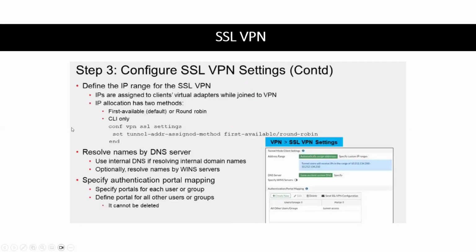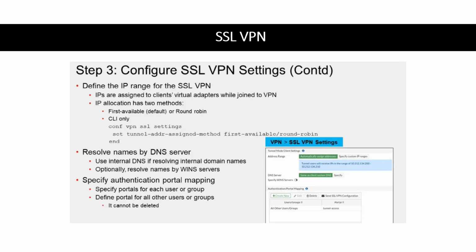Okay. Like I said, you define your IP range. We already created that address object, so there's going to be no problem there. We would also define what our DNS server is going to be for our SSL VPN. Okay. All right. So we go ahead and set that up. And what is this for? This is for whenever they're trying to reach internal resources, right?